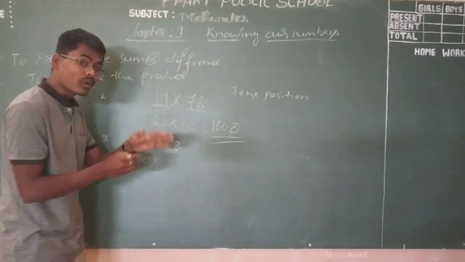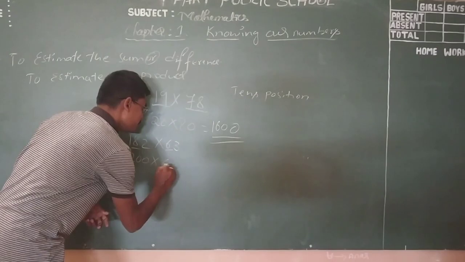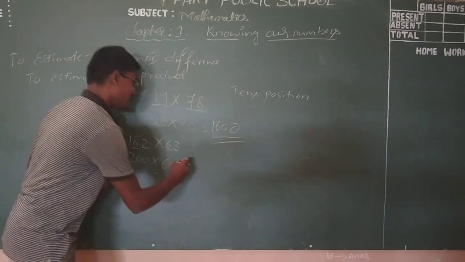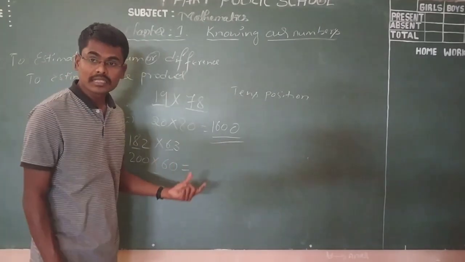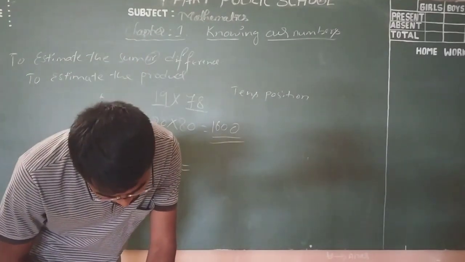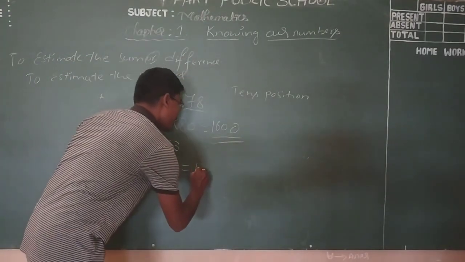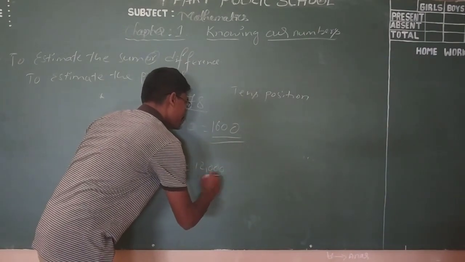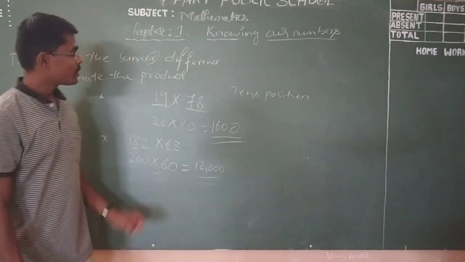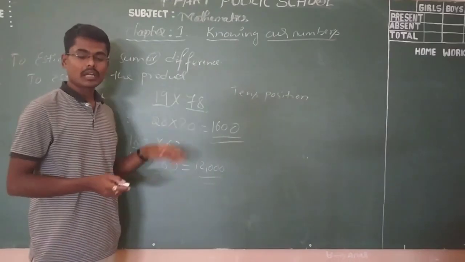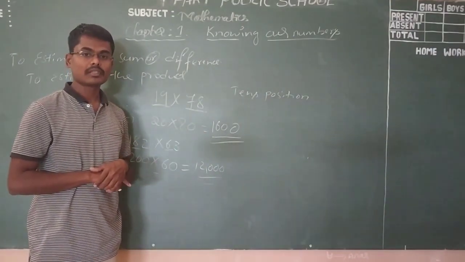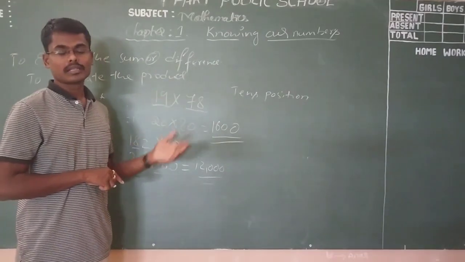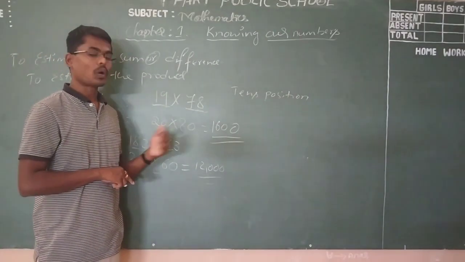Hence for the 2-digit number it becomes 60. Then the product of 200 and 60, the product becomes 12,000. This is how we are going to do the estimation and approximation. Like that we are going to do it for the sum, difference and the product.